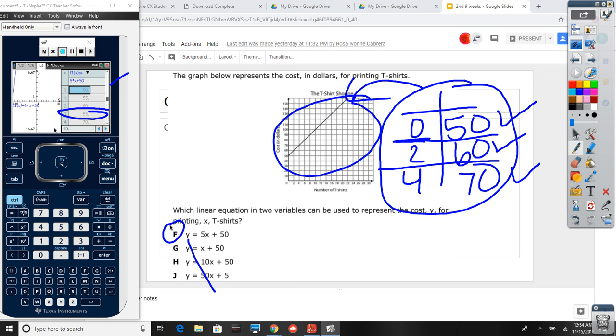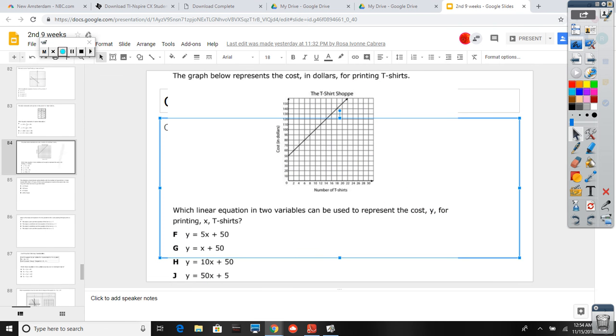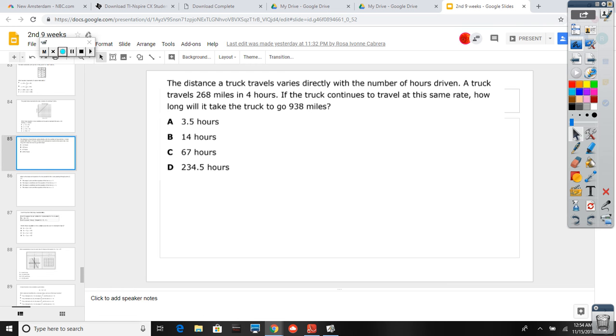Okay, let's go on to the next one. Okay, this is one of those that I'm not going to use my calculator on, but anytime you see anything, well, let's read it. It says the distance a truck travels varies directly with the number of hours driven.